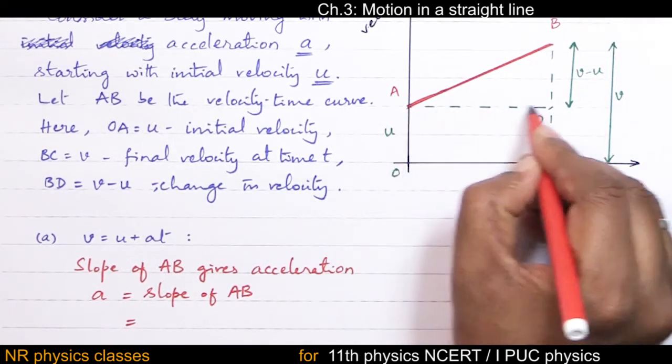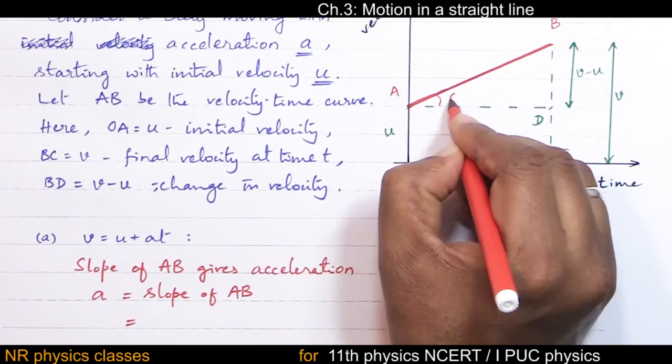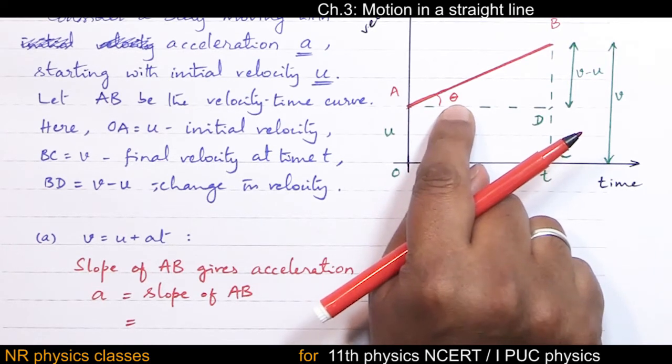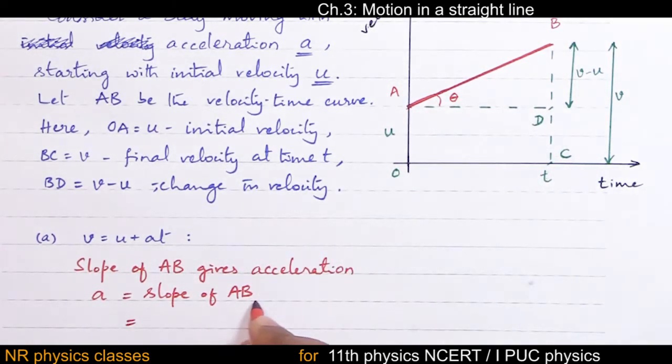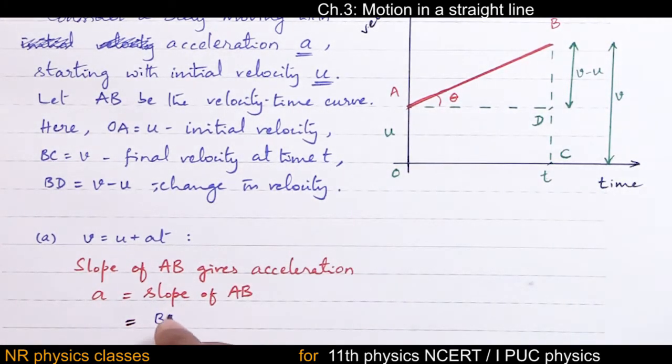You should identify a right angle triangle, and in that right angle triangle you should consider the tangent of this angle. Okay, that gives slope. Therefore slope of AB is BD by AD. BD is v minus u.